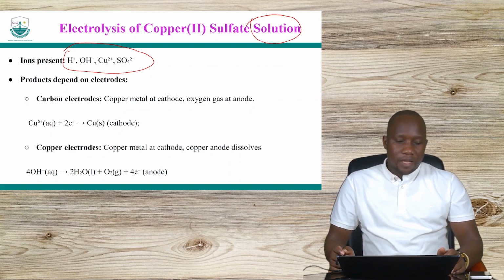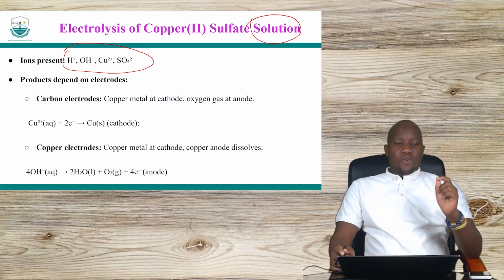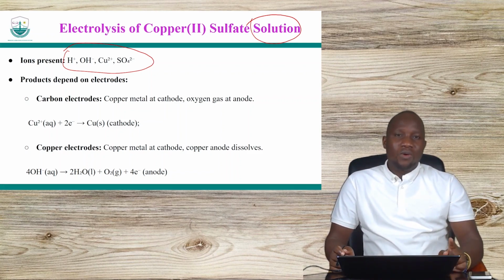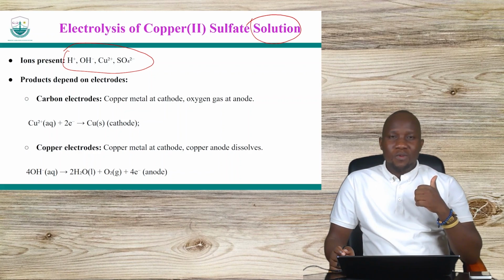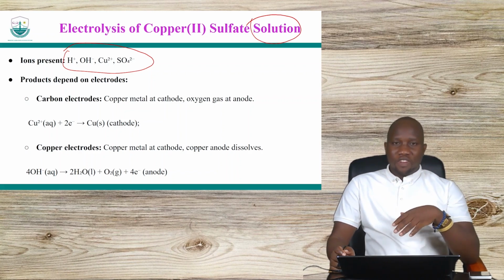But before we go into the rules, we also need to note that it depends on the electrode that we are using. Remember, when we talked about mercury being the cathode and platinum being the cathode, we were having different products.